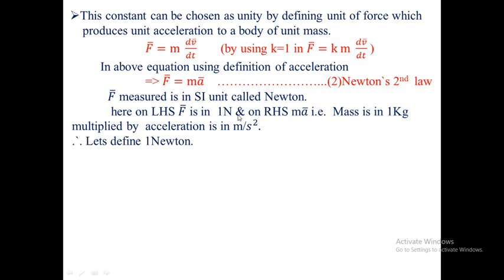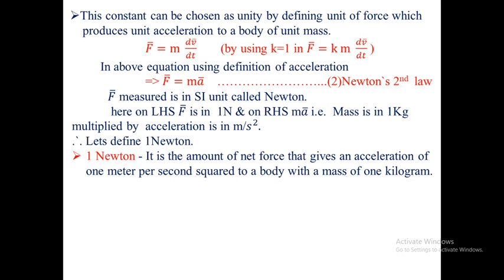Okay, so let's define what is 1 Newton. 1 Newton is the amount of net force that gives an acceleration of 1 meter per second square to a body with a mass of 1 kilogram. This means if you have to accelerate a body having mass 1 kilogram with acceleration 1 meter per second square, then you will need 1 Newton amount of force.